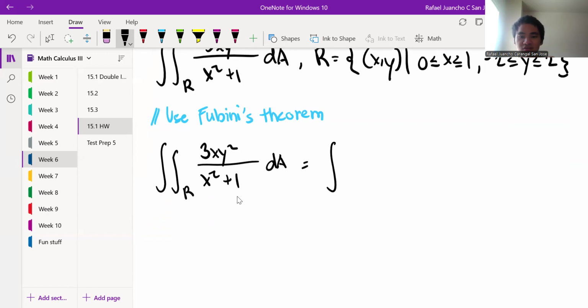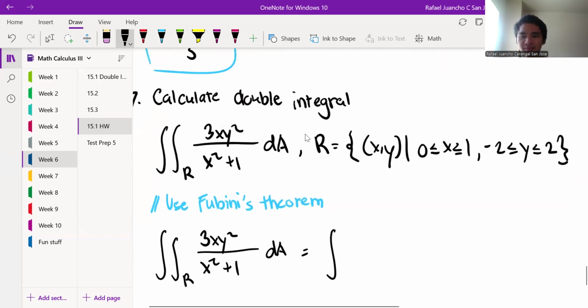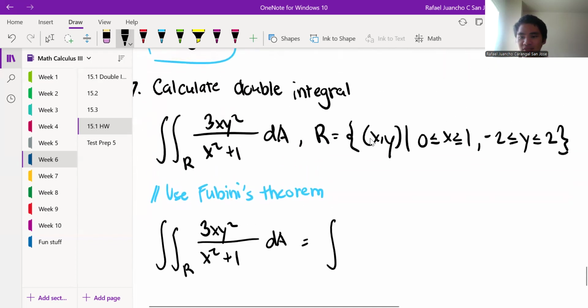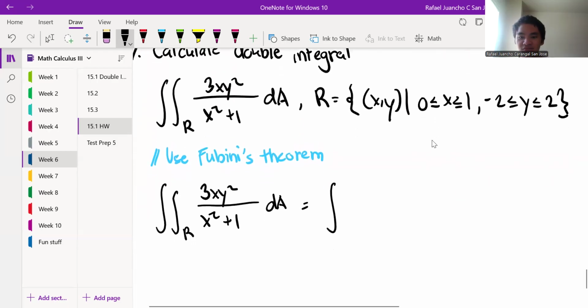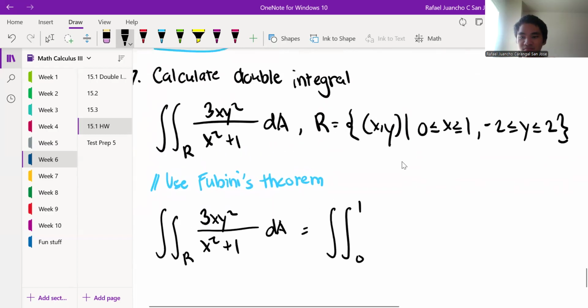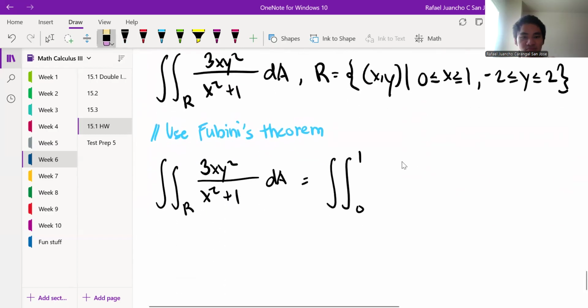So we can say, okay, let's do dx dy. So let's integrate with respect to x first, and then with respect to y. Then we have our function.